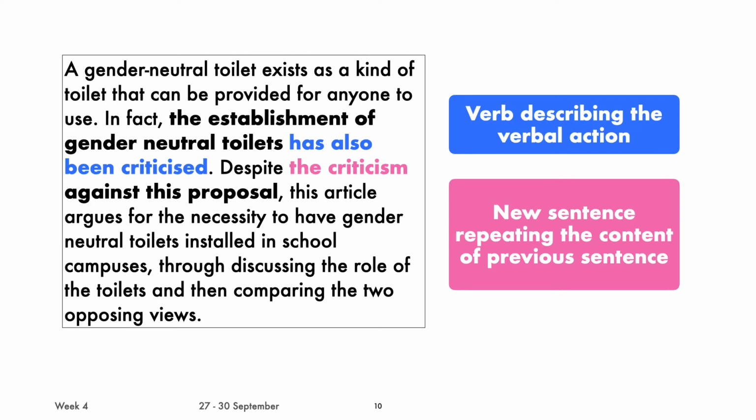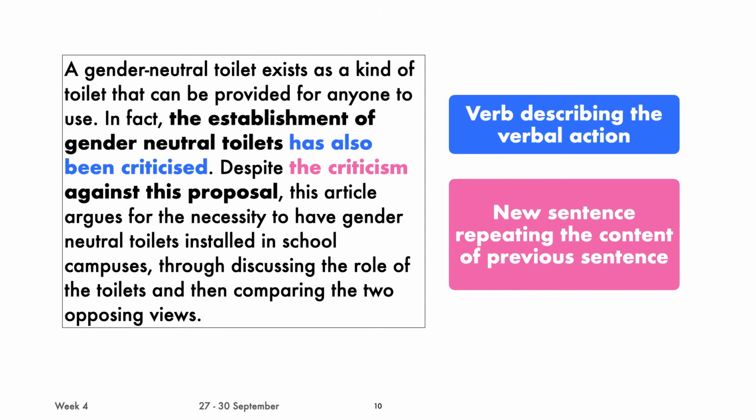So you can see the criticism against this proposal would actually be a rewrite of the previous sentence. And you can see the establishment of gender-neutral toilets has become this proposal. Okay, remember the shell noun. One of the shell nouns that we can use will be proposal.